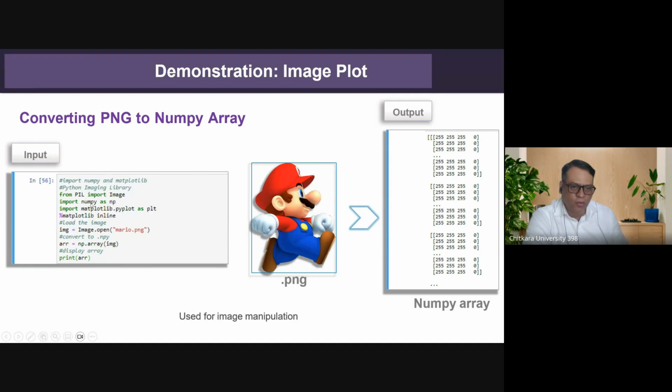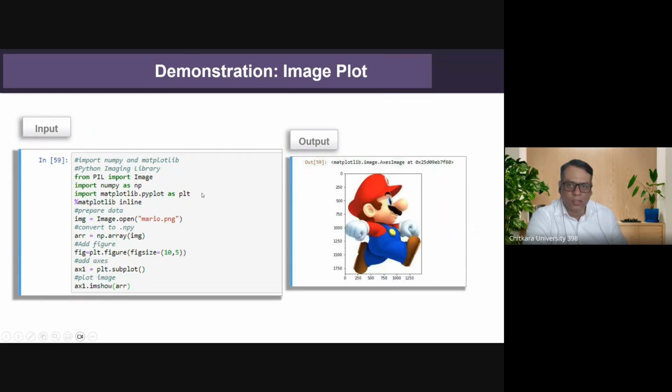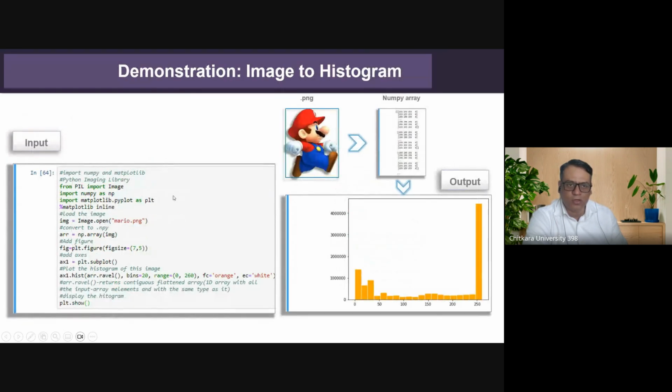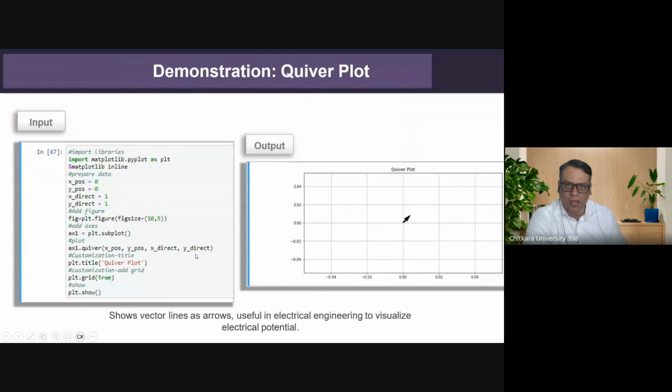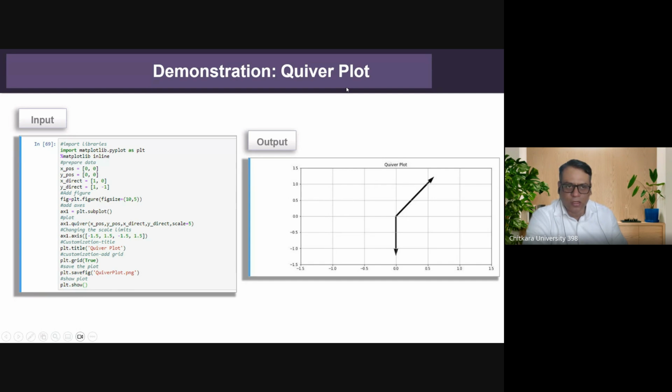And then we have used NumPy and Matplotlib. NumPy is for numerical Python and Matplotlib for the plot visualization. Similarly, you can see this image plot right here. All the outputs are shown on the right-hand side. For histograms also, we can plot these graphs, and then the Fourier plot is also shown right here.